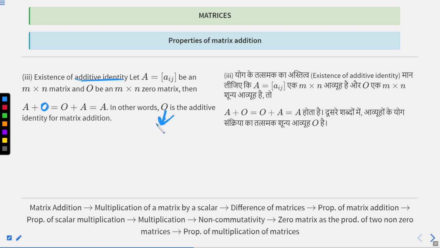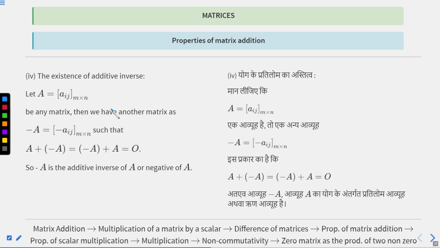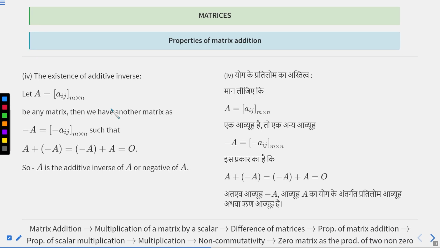When you add this matrix to any given matrix a, you will have the output as a. And because of commutativity, a plus O or O plus a will give you the same output.